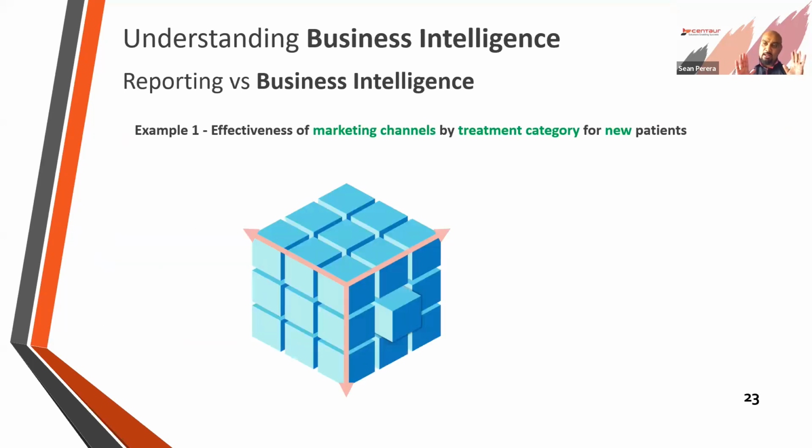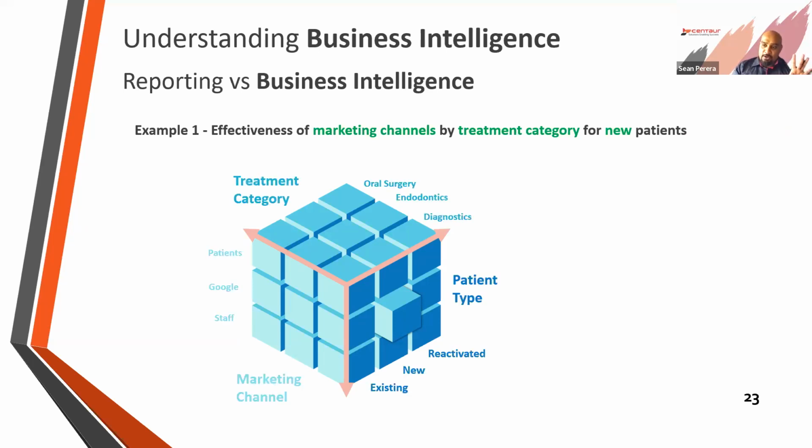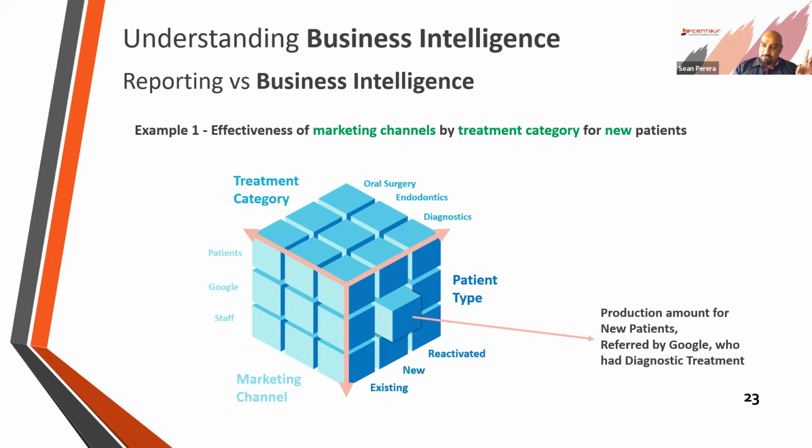On the other hand, business intelligence, with its multidimensional nature, lets us look at it from that three-dimensional view. We've got marketing channels, treatment category, and patient type. And to find the effectiveness, we are looking at one numeric observation, which is production.